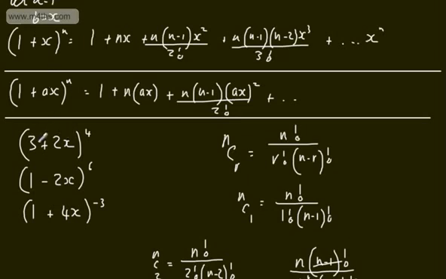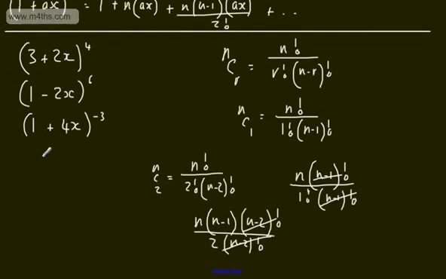Okay. Now, what are the disadvantages of using this particular method in this form? Well, the answer is that we need 1 in the front of a bracket. So in this particular case, what we'd have to do is take the 3 out, raise it to the power of 4, and we'd have 1 plus 2 over 3 x, to the power of 4. So what we'd essentially have now is 81, and then we would go ahead and expand.